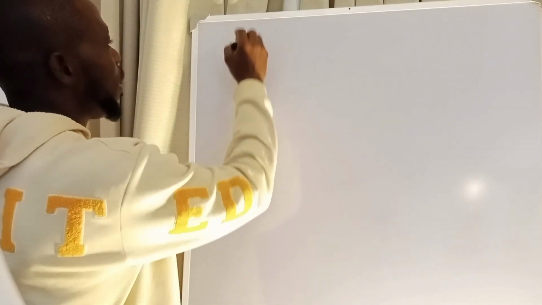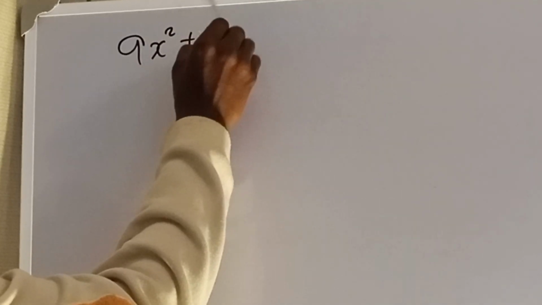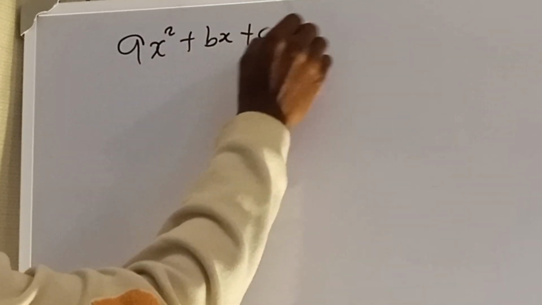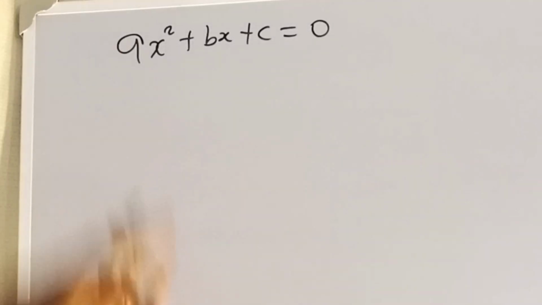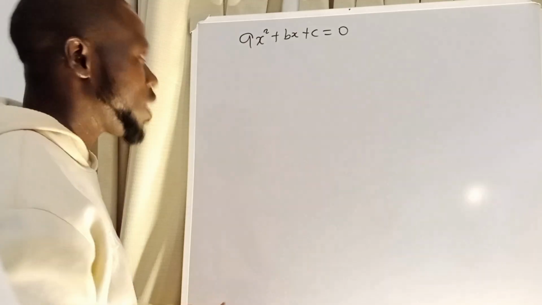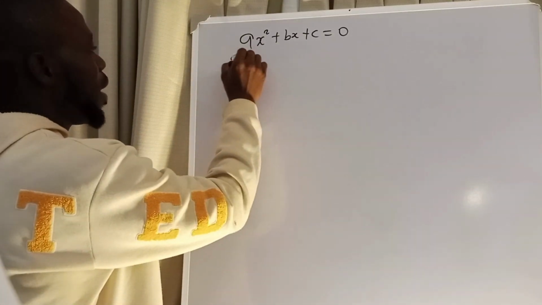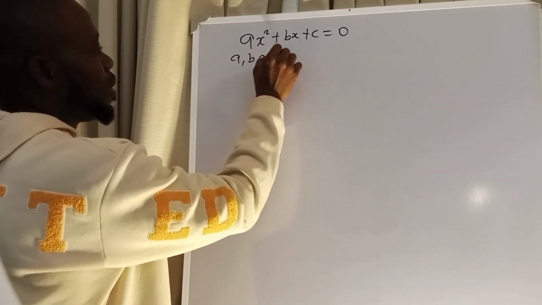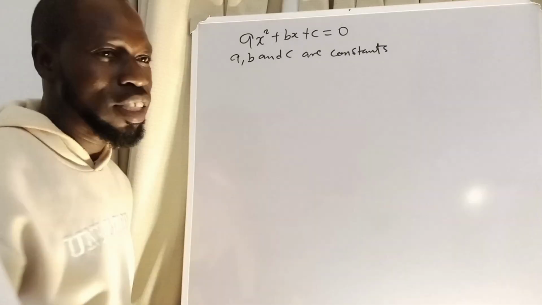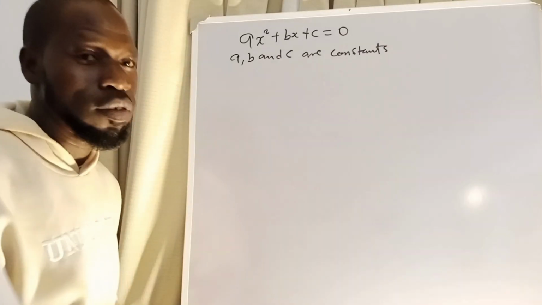So for quadratic equation, it has a generic formula ax squared plus bx plus c is equal to 0. That is the generic formula of quadratic equation, where a, b, and c are any integer, positive or negative.